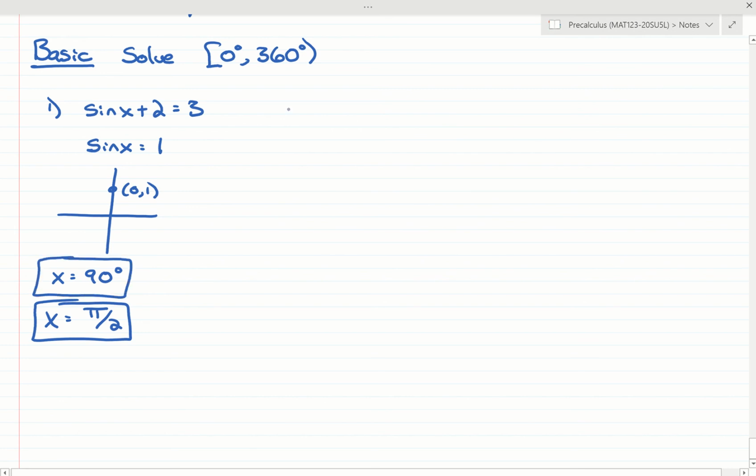What about if we had a problem like this, where 2 secant of x plus 1 is equal to secant of x plus 3? Well, if we want to solve for x, let's get all the x's on the same side by subtracting a secant on both sides. 2 secant minus 1 secant is just secant.